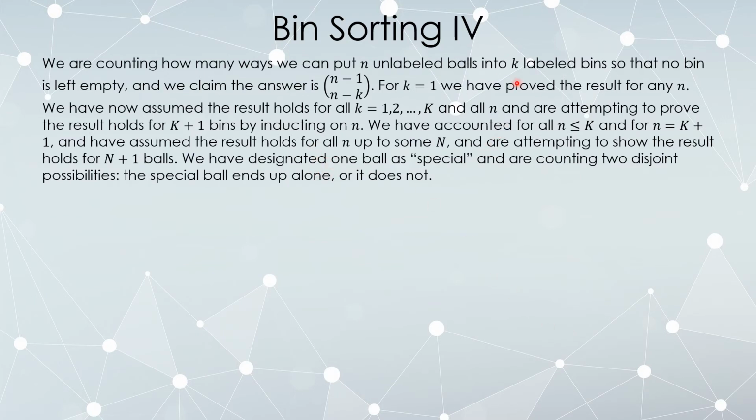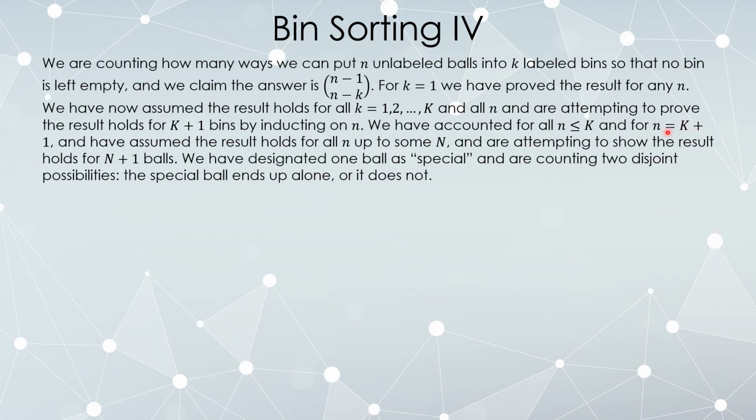Okay, so let's just take stock of what we're trying to do. We've assumed the desired formula holds for all numbers of bins up to capital K and any number of balls. We're trying to show it holds for K plus 1 bins by inducting on the number of balls. Our base cases for the number of balls were up to and including K plus 1.